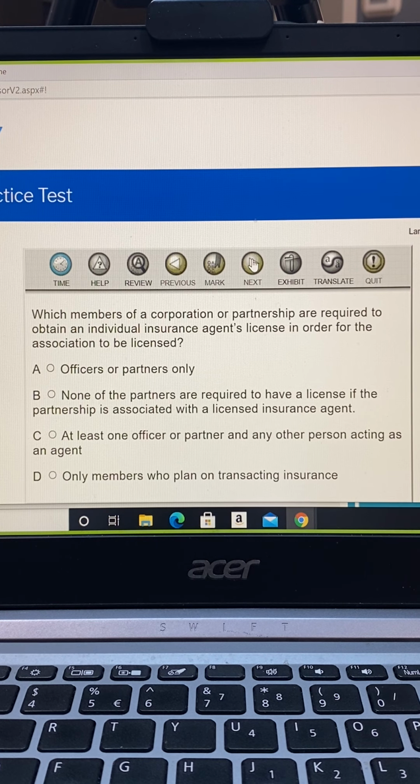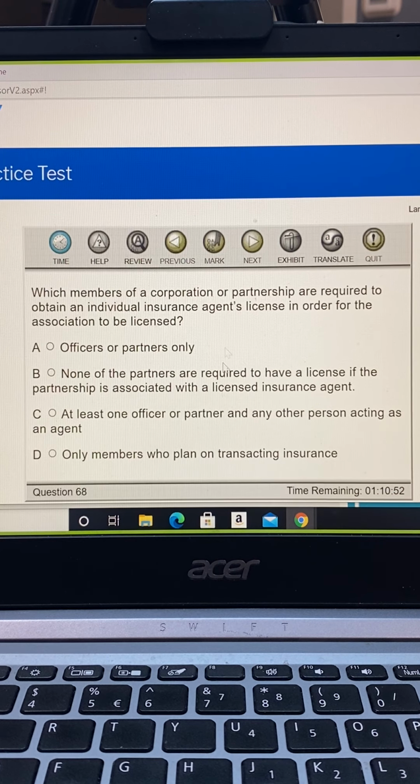Which members of a corporation or partnership are required to obtain an individual agent license in order for the association to be licensed? D. Okay.